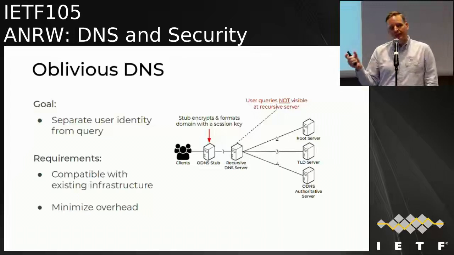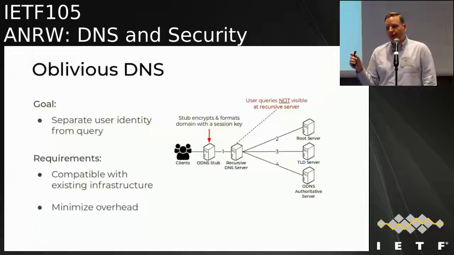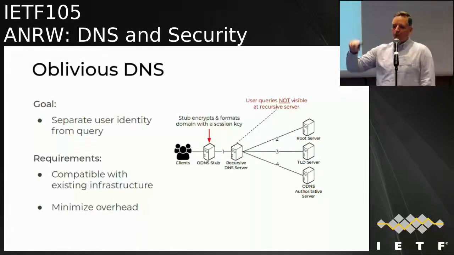We then append a domain that we own, something like, imagine we own the tld.odns. So we append this clear text domain, which means the recursive server is not going to be able to understand your query. It's just ciphertext, but it will use the existing DNS infrastructure to eventually reach our authoritative that we own, say .odns.